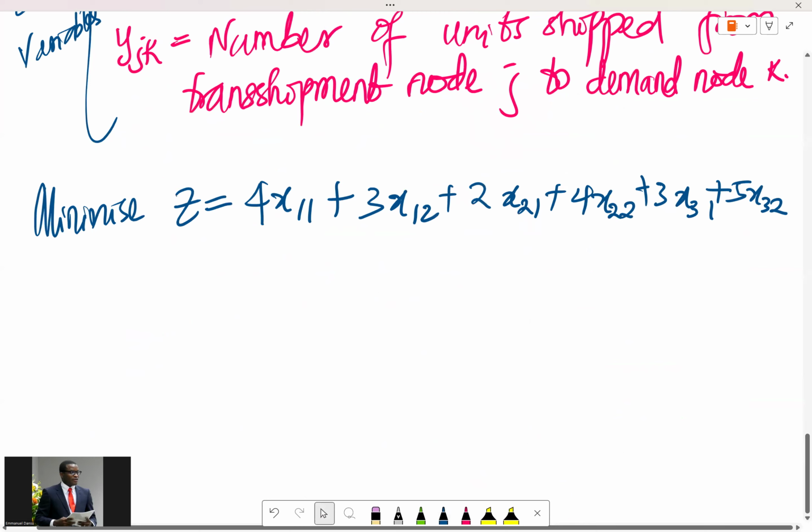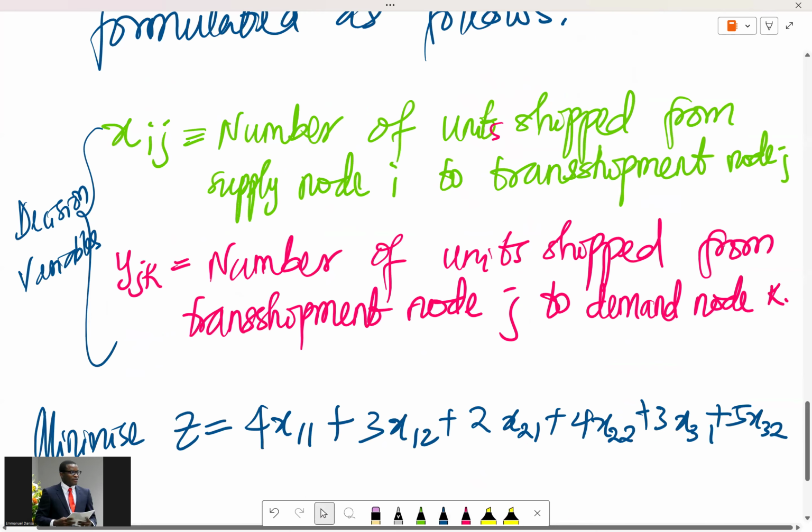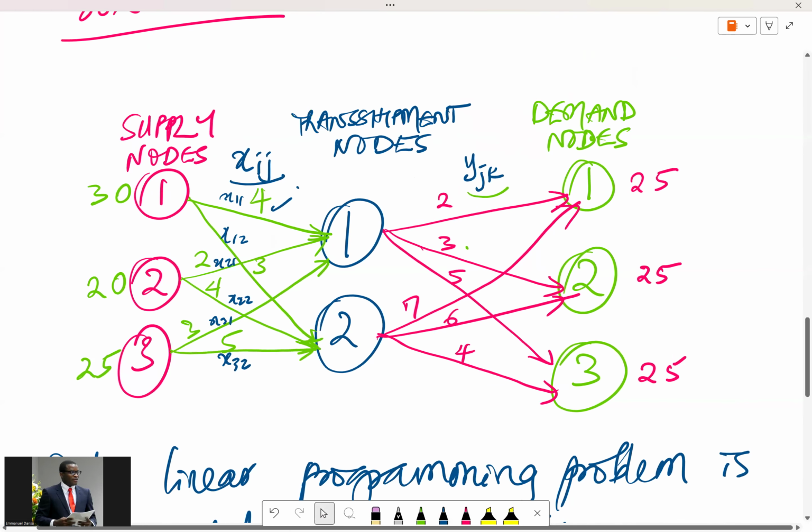But that's not done, because costs are also involved in moving from transshipment nodes to the demand nodes.